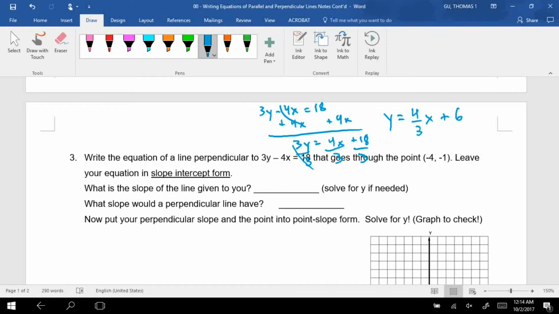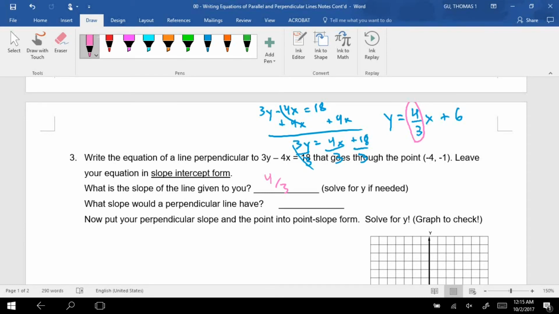So now it's easier to see our slope and our y-intercept. What is the slope of the line given to you? It's right in front of the x, 4 over 3. And what is going to be the slope of a perpendicular line? Remember, the slope of a perpendicular line is the negative reciprocal. Is our original one positive or negative?